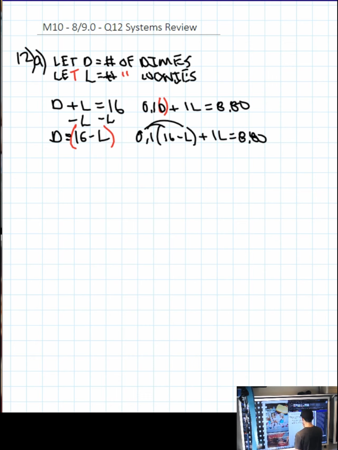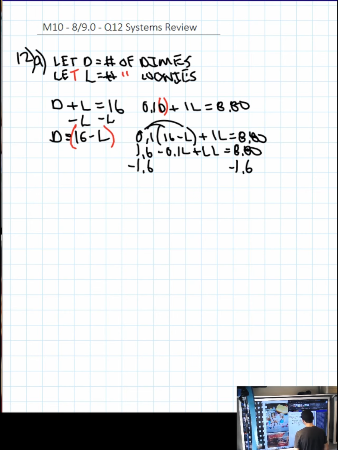Distribute: 0.1 times 16 is going to be 1.6. 0.1 times negative L will be minus 0.1L. Plus 1L equals 8.80. Let's subtract 1.6 from both sides.